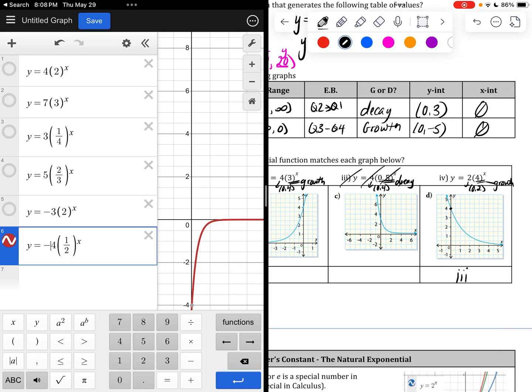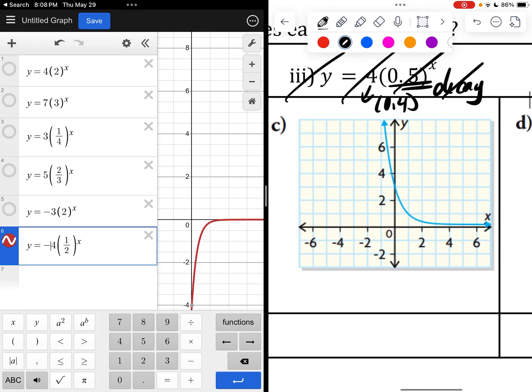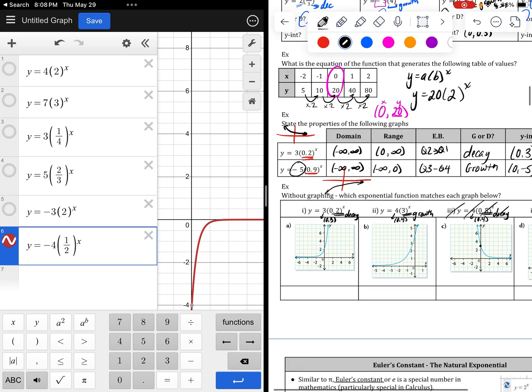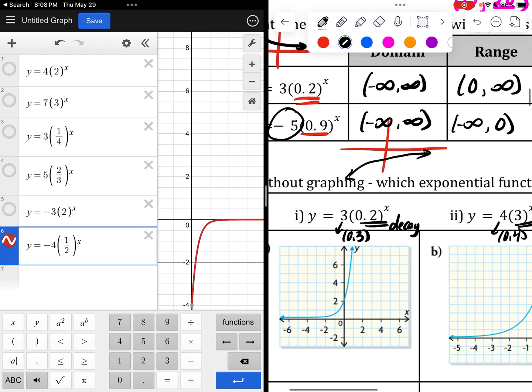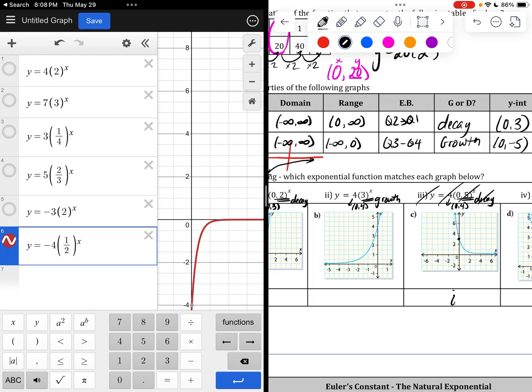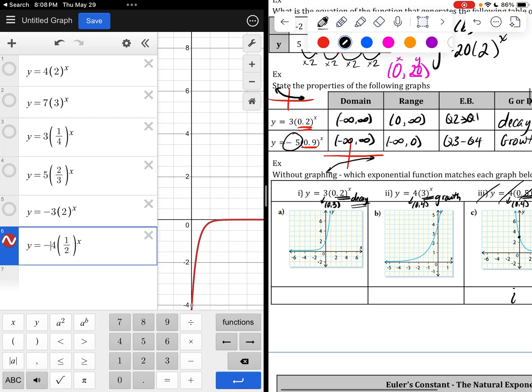So I'm going to remove that as an option. Then for this one, it has a y-intercept of 3. And there's only one of these that has a y-intercept of 3. It's this one. So even without doing anything else, I automatically can associate 1, and we can validate, yeah, it's definitely decaying. So we can be happy with our choice.